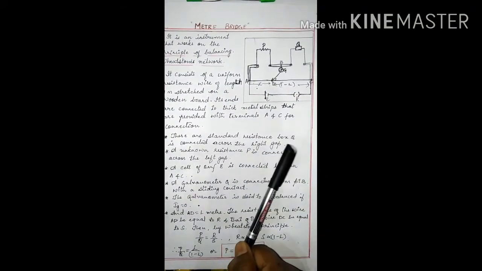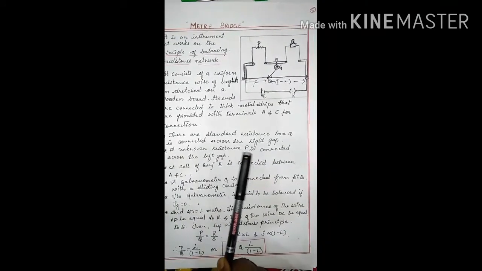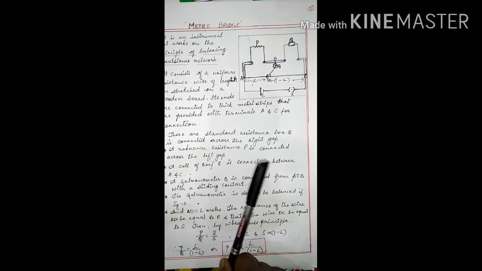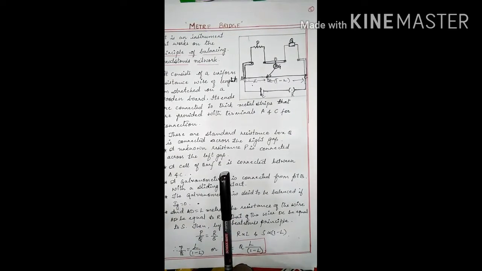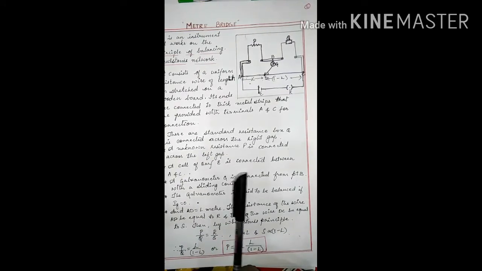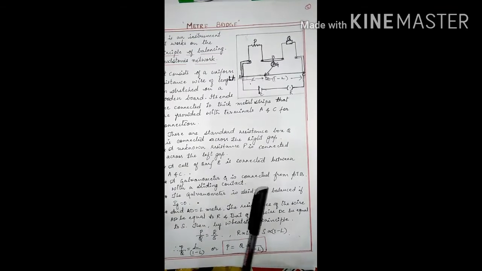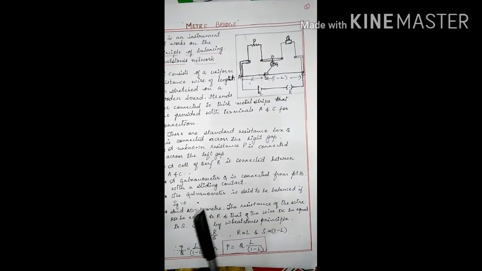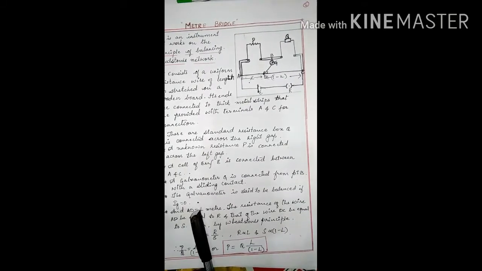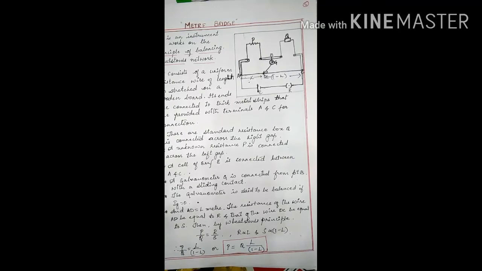There is a standard resistance box Q, and it is connected across the right gap. An unknown resistance P is connected across the left gap. A cell of EMF E is connected between A and C. A galvanometer G is connected from point B with the sliding contact. When the galvanometer shows zero deflection, that is Ig equal to 0, then the resistances are balanced.